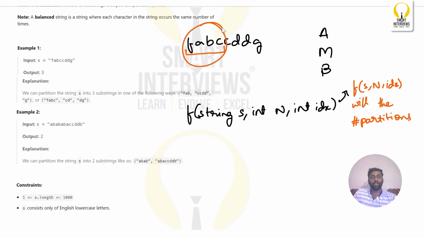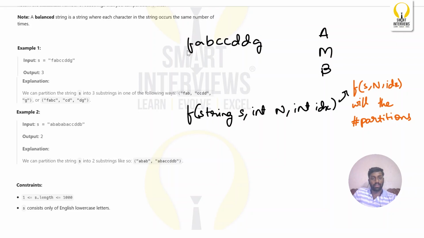Now, if you make a partition at FABC, then you are forced to make a partition at CD, because CDD would make it invalid, CDDG would also make it invalid. So you are forced to make a partition until the first D, and after this, you are again forced to make a partition until DG. Is there a better way of doing the same?